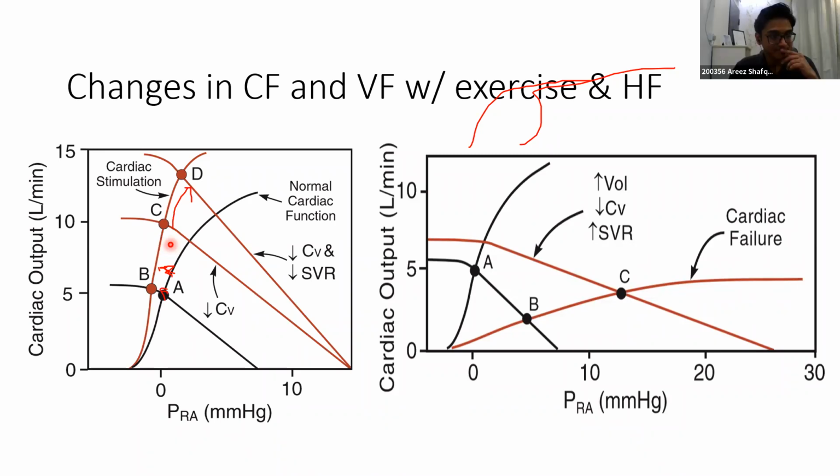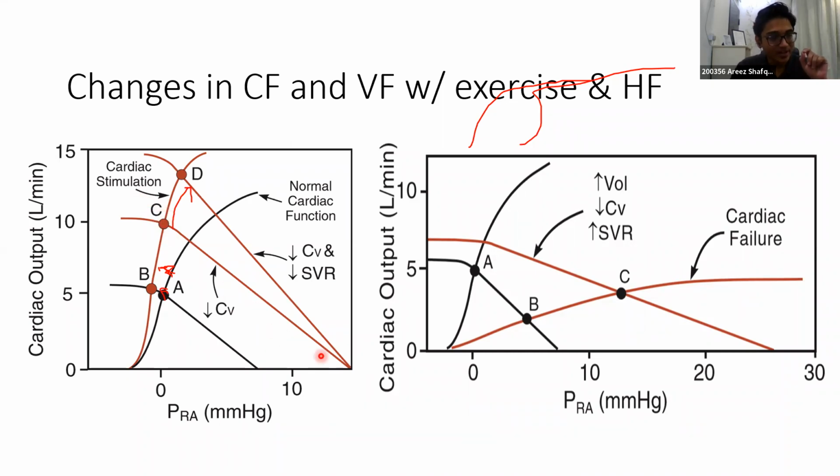Okay. So now notice from C to D, what changed? Did the cardiac function curve change or venous function curve change? The venous function curve changed, right? Yes, but even the cardiac function goes up. No, but did it shift up or down? No. So remember what I told you in the beginning, venous return determines preload, right?